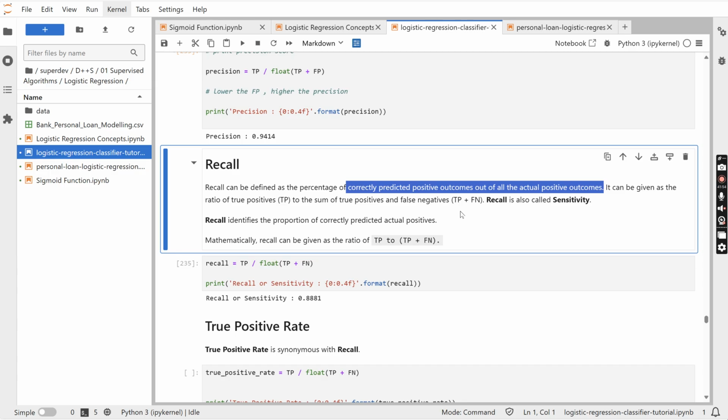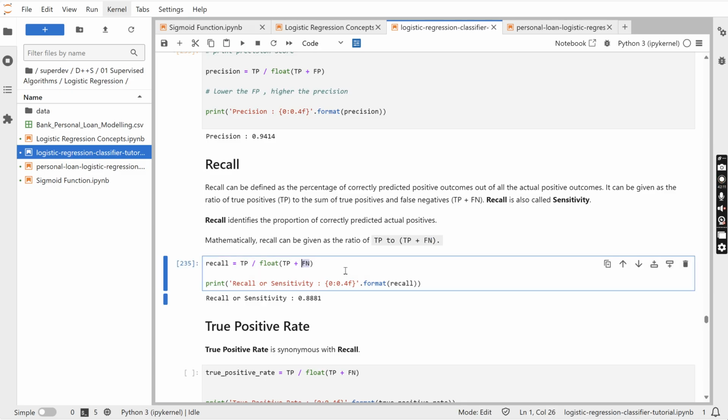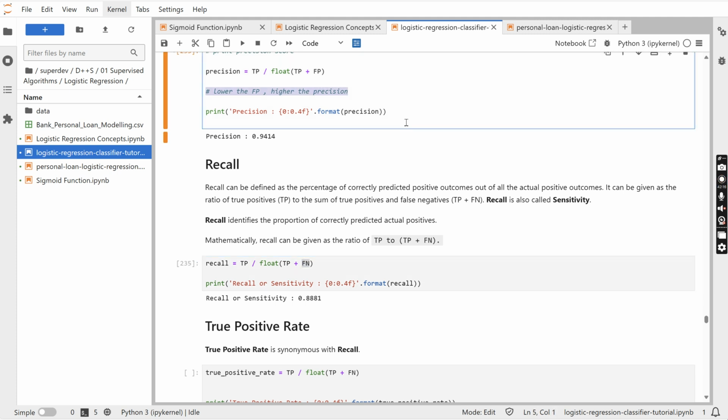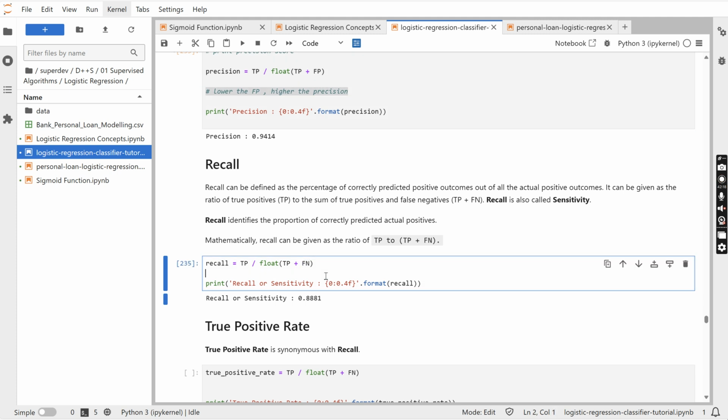If you check something else, then you won't get that scoring. So that is what recall is measuring: correctly predicted positive outcomes out of actual positive outcomes. As you can see, in the denominator you have false negative. Lower the false negatives, higher the recall. Same thing here also: lower the false negative, higher the recall.